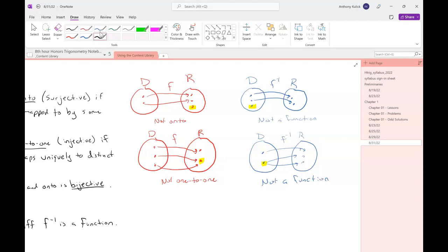So let's talk about what these properties, one-to-one and onto, look like in some of the more common representations, namely a graph or an equation. Which one of these two do you think Mr. Kulik is going to talk about mostly? I would say graph. Why? It's really easy to go from an equation to a graph, right?